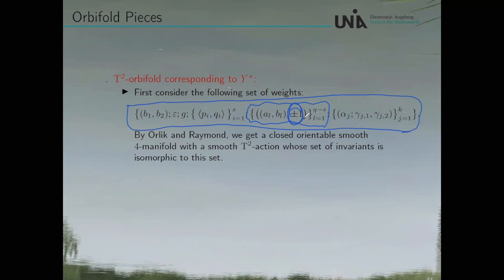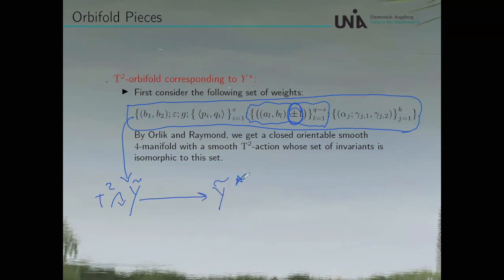And then I go back to the result of Orlik and Raymond. I see that there I can construct a smooth orientable manifold with T2 action. So for this one, I construct some y tilde with T2 action, and I consider the orbit space.